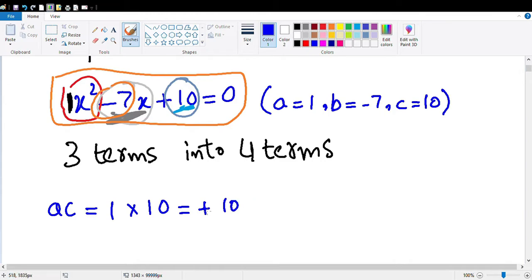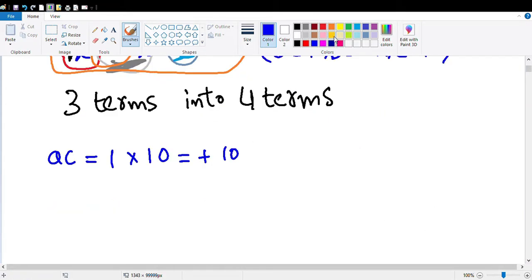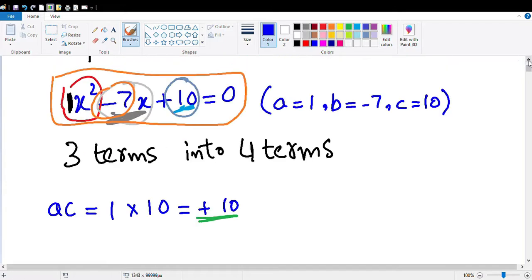Now why I'm giving this plus 10, we're basically using this right here, right? If you know the sign, then you can understand which sign the pair of factors will have. So basically what we want to do is split this plus 10 into 2 factors which sum up to minus 7, right?